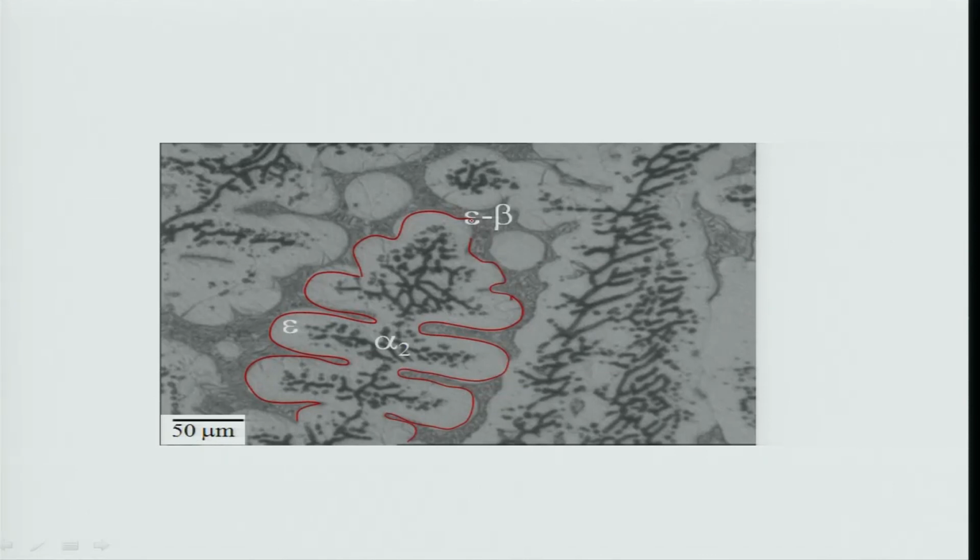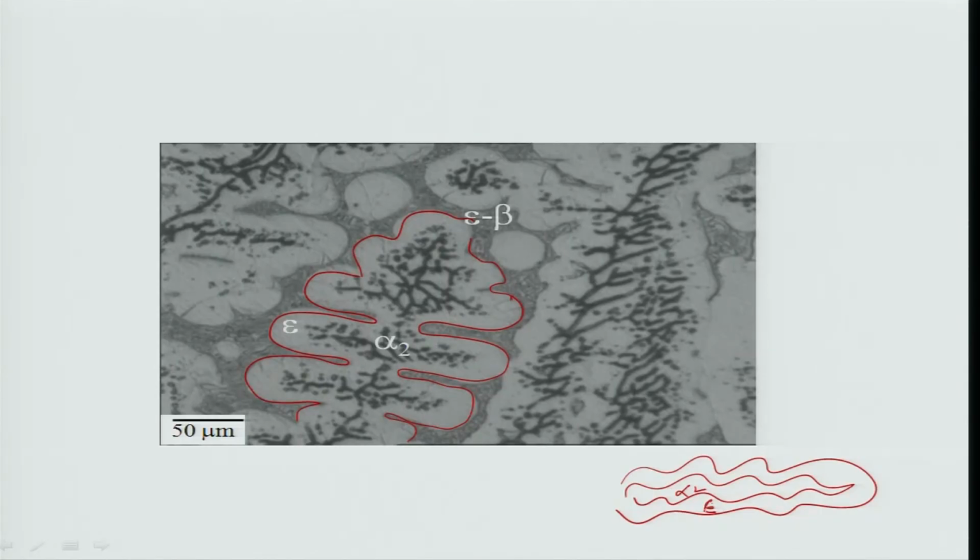But within that dendrite, there is another dendrite, which I have marked alpha 2. And this grey colored dendrite I have marked as epsilon. So initially alpha 2 formed, like these dendrites. You see here the black color, this is alpha 2, and then around it you have epsilon dendrite formation.